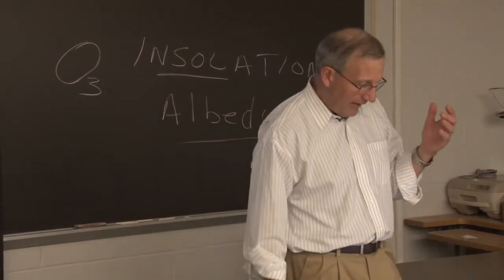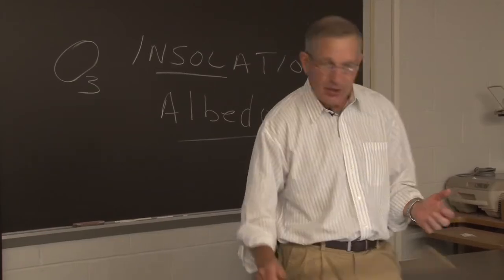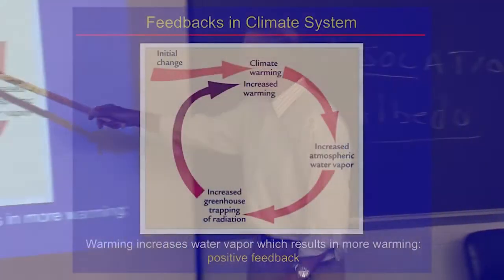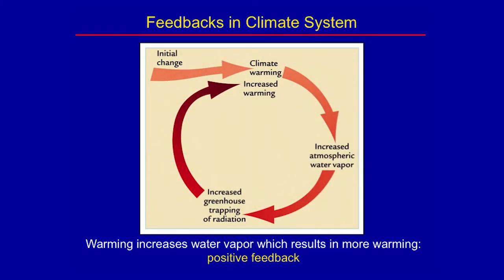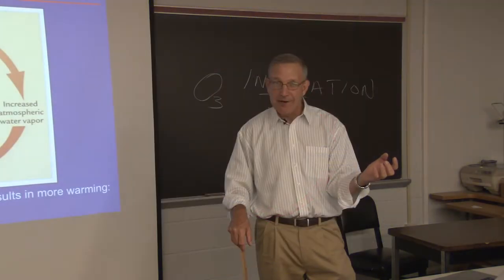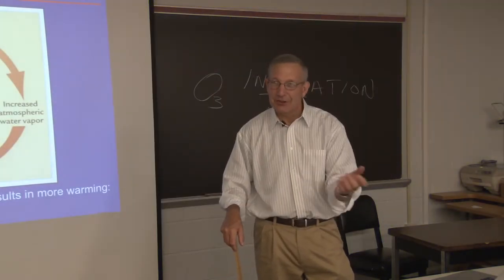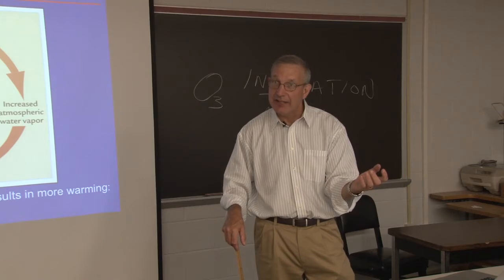So there are these things called feedbacks, where we have an initial change. We warm the planet. What happens when you warm the planet? You increase evaporation, right? If it's a hotter day, you're going to evaporate more water out of a pond or an ocean or a puddle in your yard than if it's a cloudy, cool day.